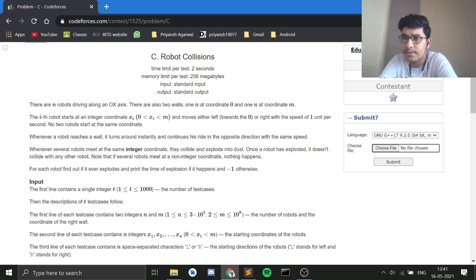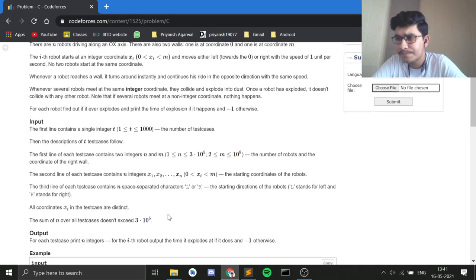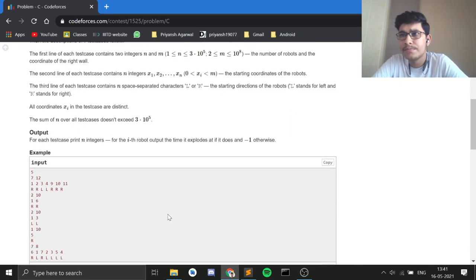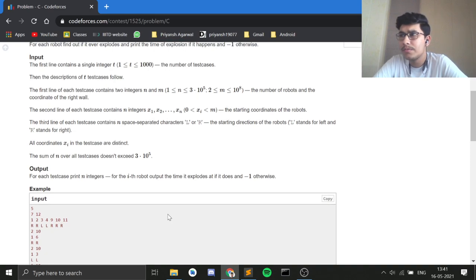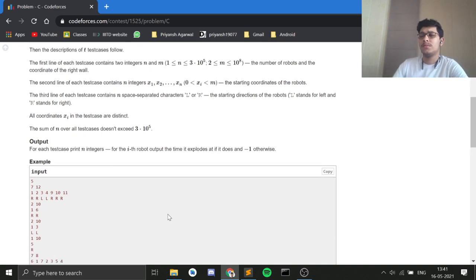Okay. Note that if several robots meet at a non-integer coordinate, nothing happens. For each robot, find out if it ever explodes and print the time of explosion if it happens and -1 otherwise. Okay. Right. Let's see.